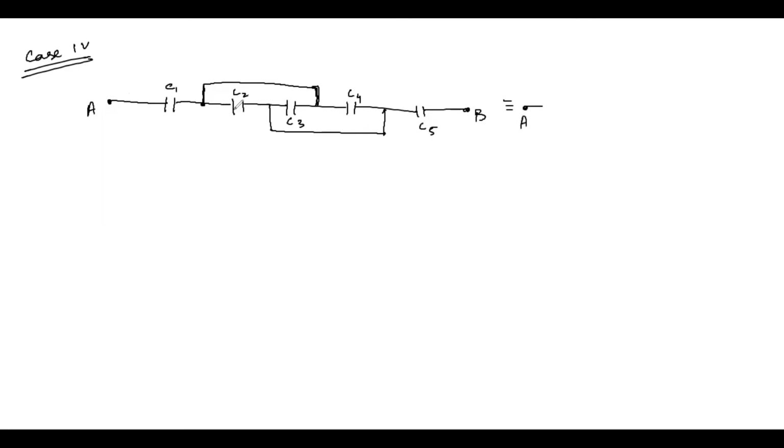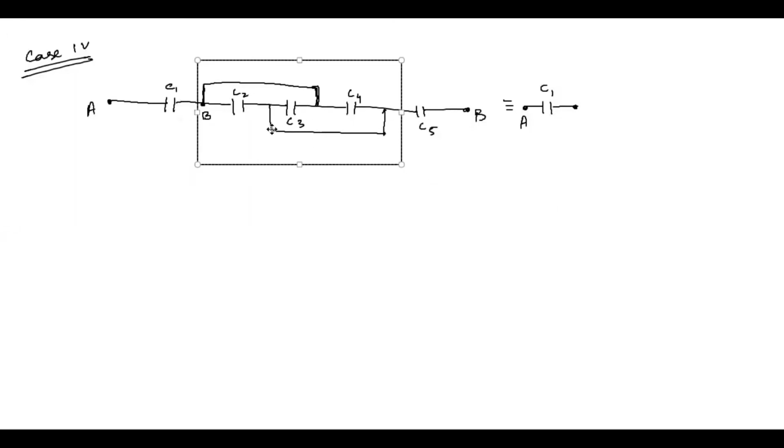Let's say that this is point A, and from point A, let's say that this is point B. So from this point A to point B, you have capacitor C1. Now we have drawn the equivalent capacitance of this circuit, right?